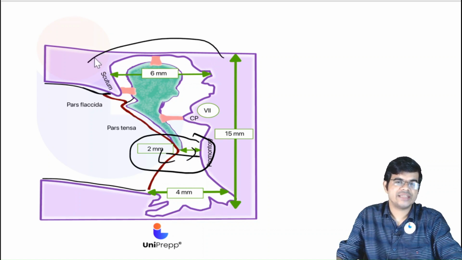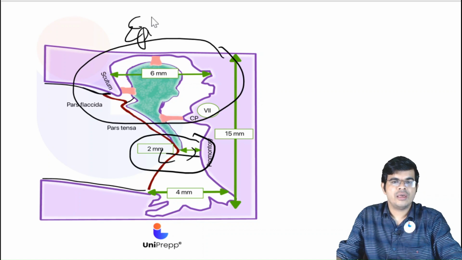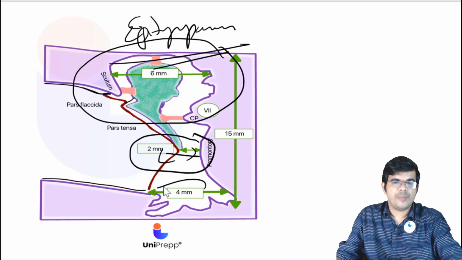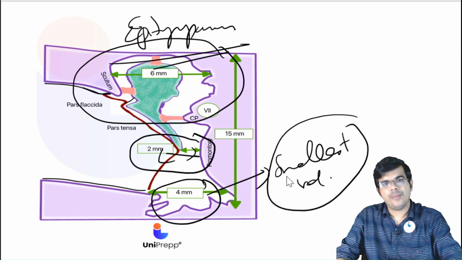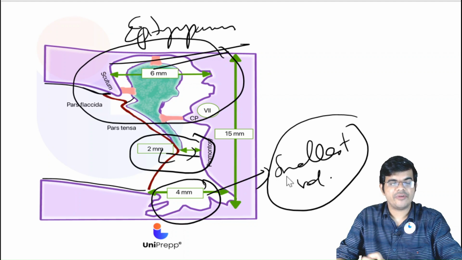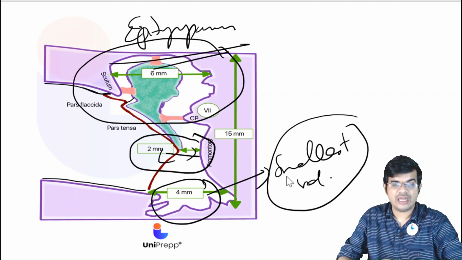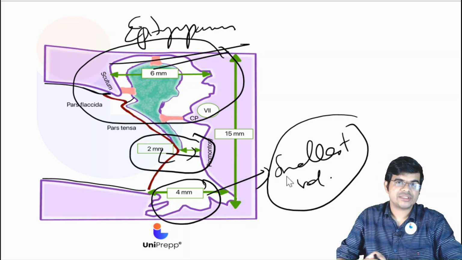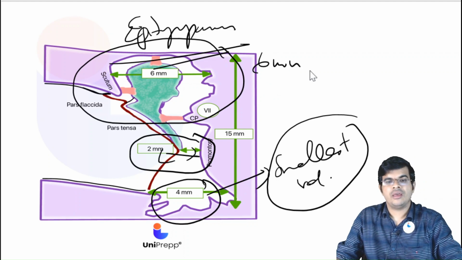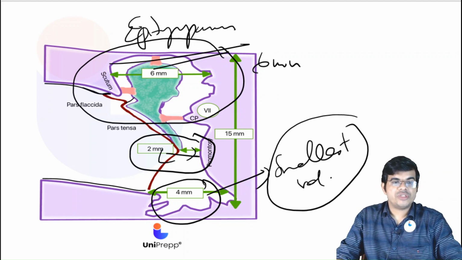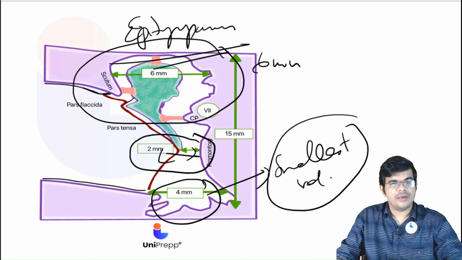The largest area is seen in the epitympanum. It is the widest part, and the hypotympanum is the smallest area. Smallest area and volume is seen in the hypotympanum. The epitympanum has the widest area as well as the largest volume. The mesotympanum has the narrowest area. It is 2 millimeter here, 4 millimeter here, and 6 millimeter here. Okay, so that's about the various spaces of the middle ear.